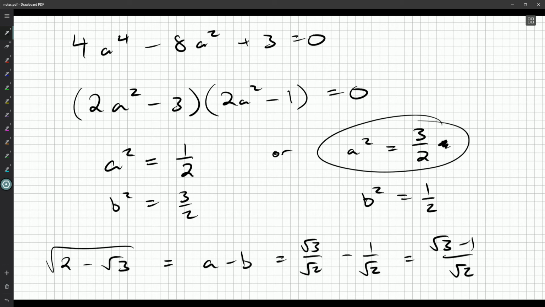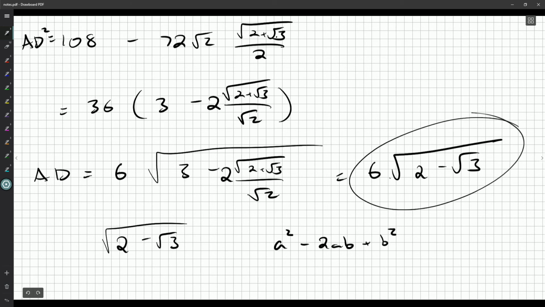Oh, wait, no. 2 minus root 3, and then I have to square root it. Oh, no, okay, we are right. Yeah. So root 3 minus 1 over 2, which means I can actually simplify my answer a bit more.